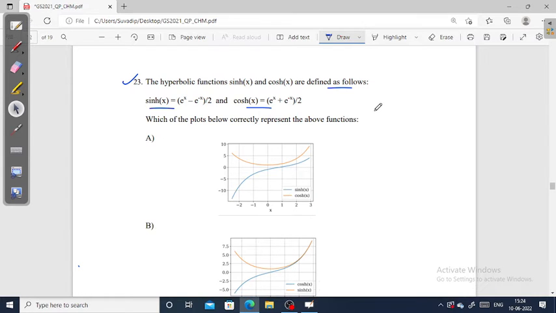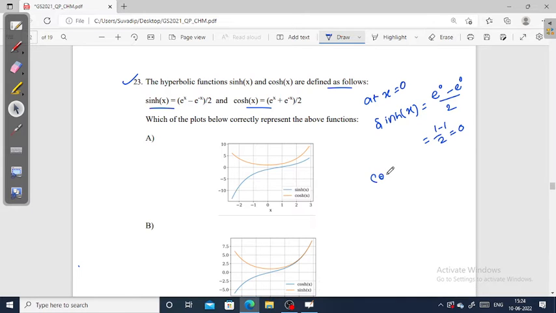Here we just say that at x equals 0, sinh x will be e to the power 0 minus e to the power 0 divided by 2, and that is 1 minus 1 by 2, that is 0.